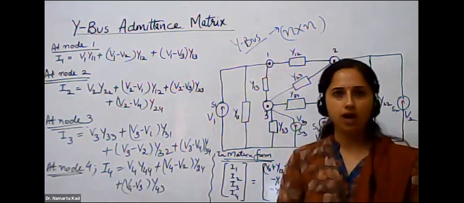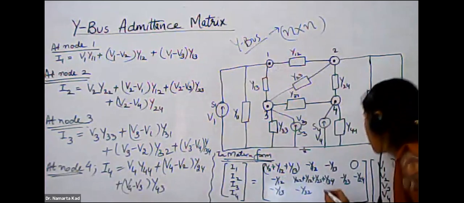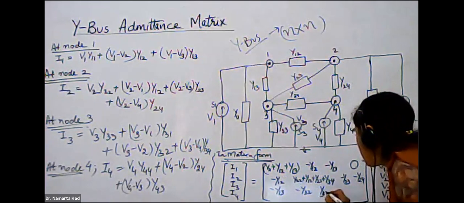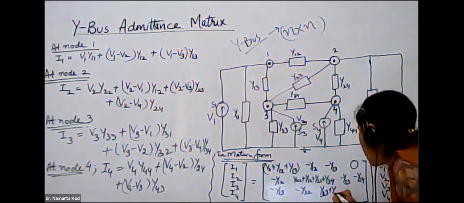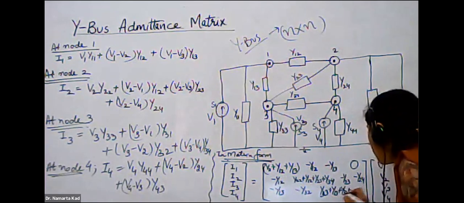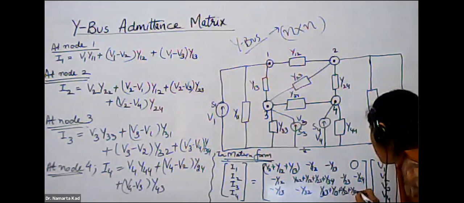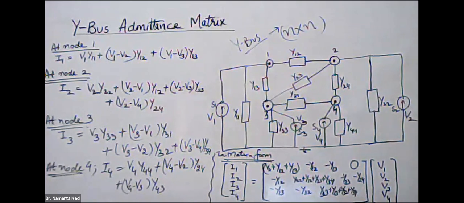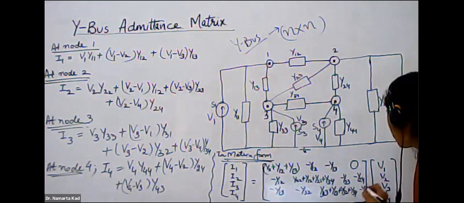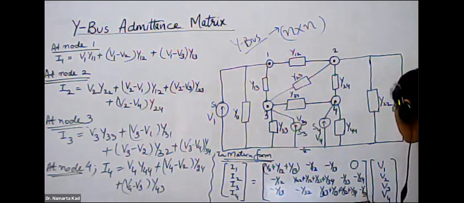Okay, 4 admittances are there. So it can be written as Y33 plus Y13 plus Y32 plus Y34, like this. Okay, and similarly with V4 it is only one, that is minus Y34.